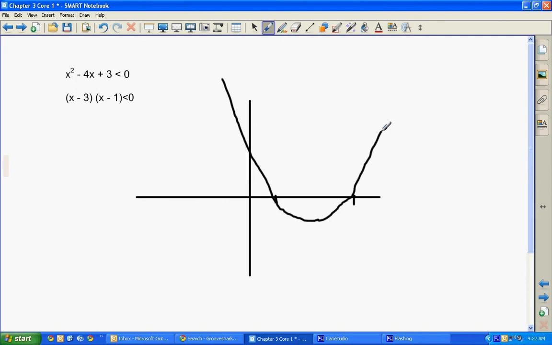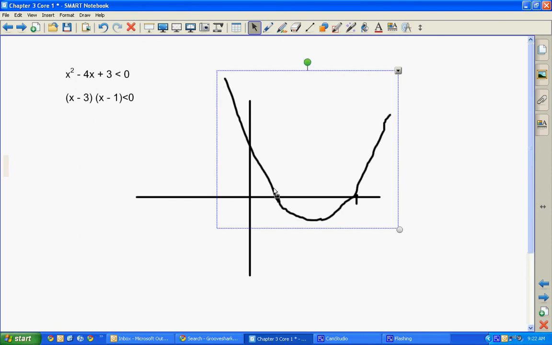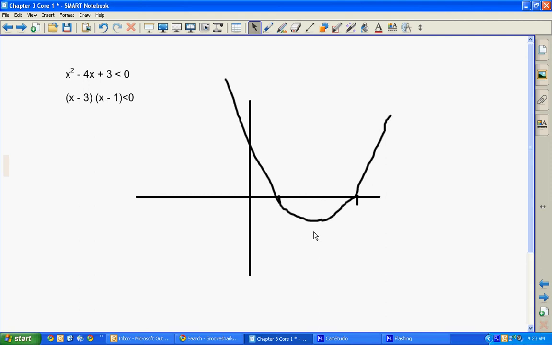The important thing is that between these two points, in this area, the quadratic is less than 0, and elsewhere it's greater than 0.